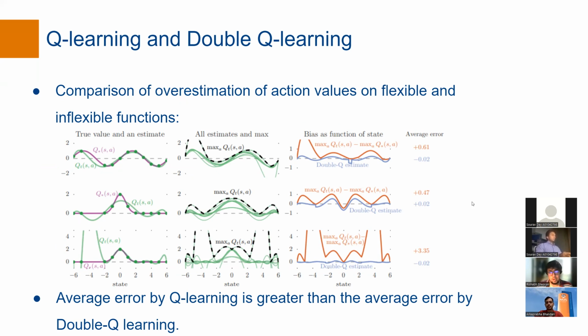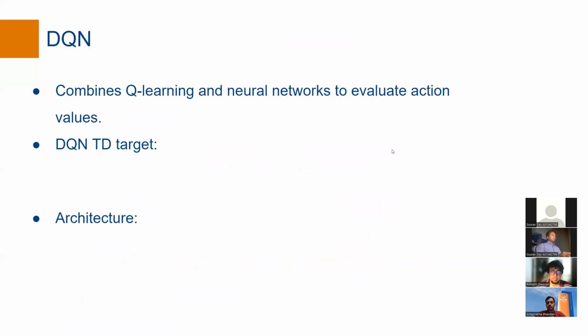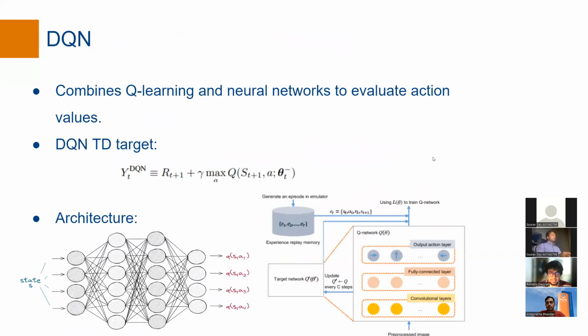And in the rightmost column, we have the orange line, which represents the difference between the maximum estimated value and the true value. So we can clearly notice that this bias is much more than the estimate of double Q learning. So this way, the average error by Q learning is greater than the average error by double Q learning. Next slide.